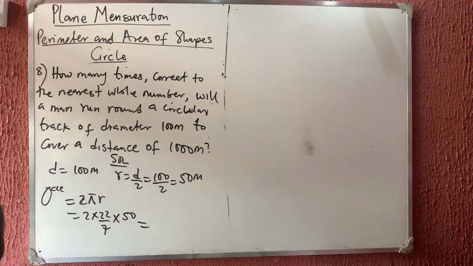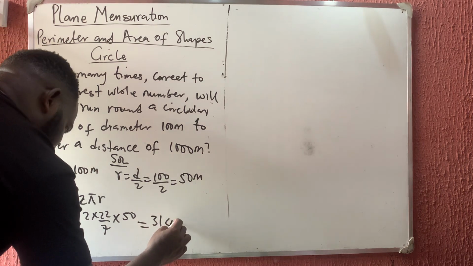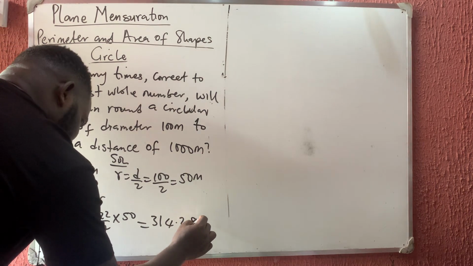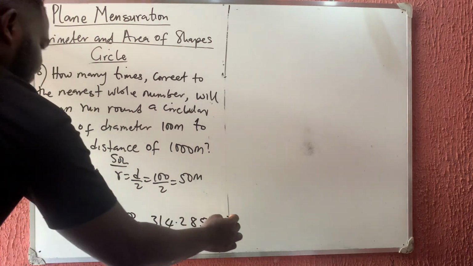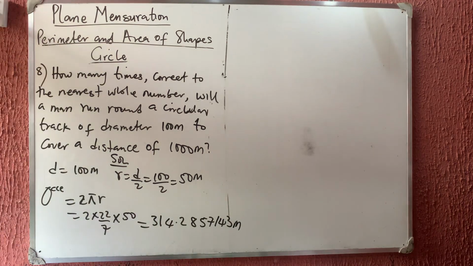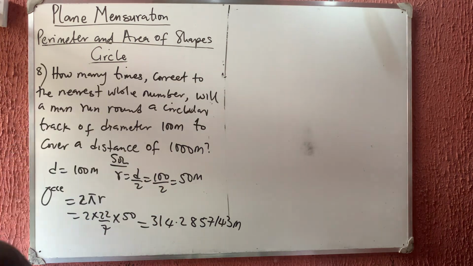So 2 times 22 times 50 divided by 7. I'm having 314.2857143 meters.